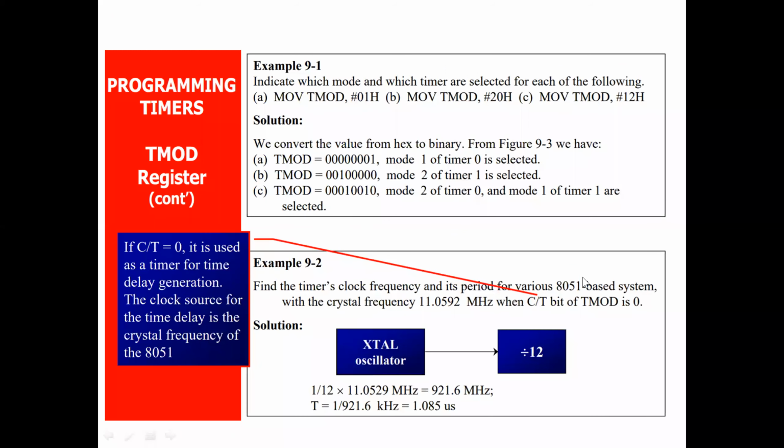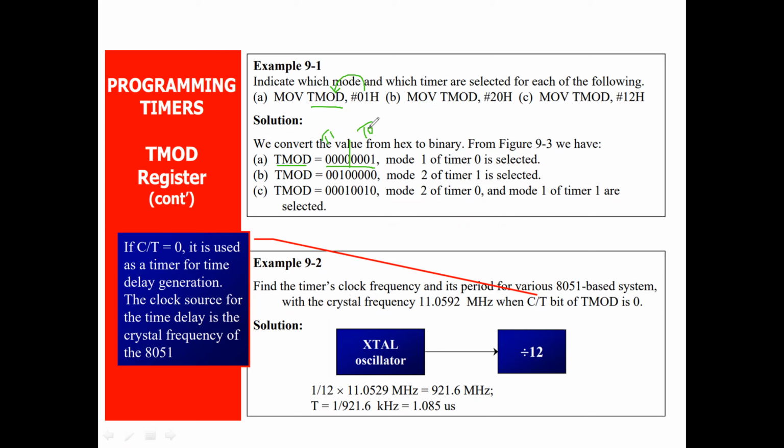Before that, I would like to know whether you are able to program this TMOD. For example, I'm moving 01 to TMOD. I want to know what is the exact operation after moving 01. See, TMOD is an 8-bit register. I'm moving 01 here. The upper 4 bits are specially for timer 1, and the lower 4 bits are for timer 0.